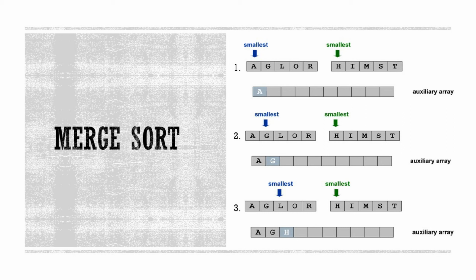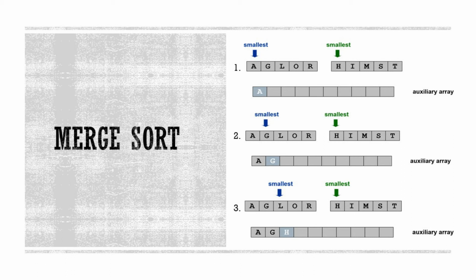So in the second half we remain with H because H isn't sorted yet. So we compare H and G. So we choose G because G is smaller than H.